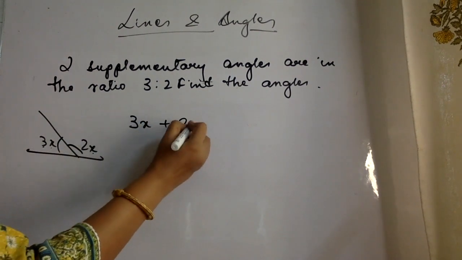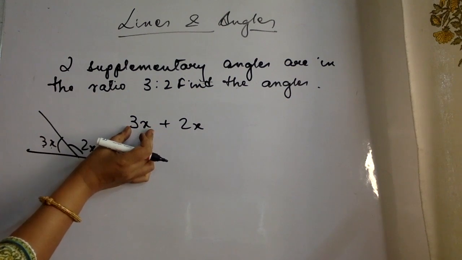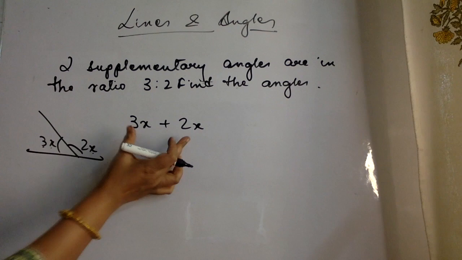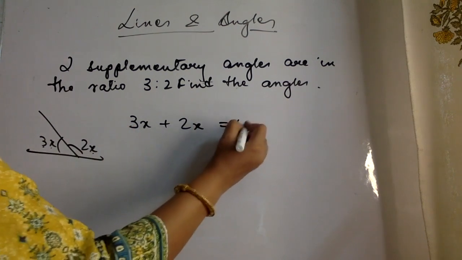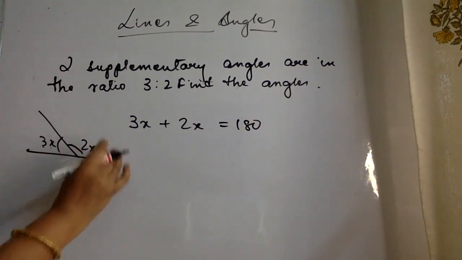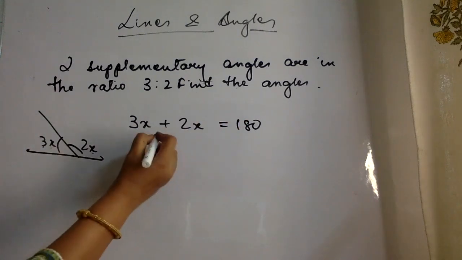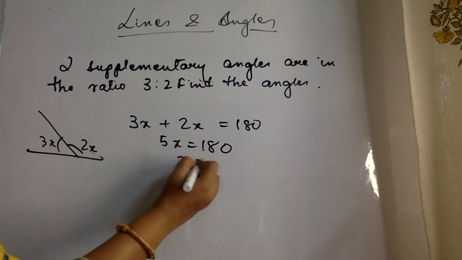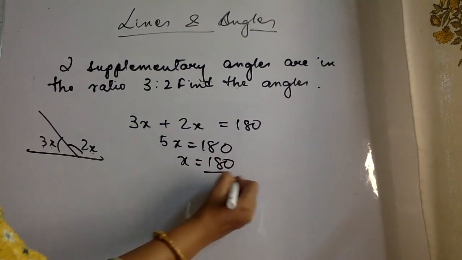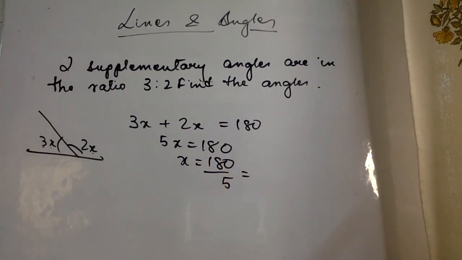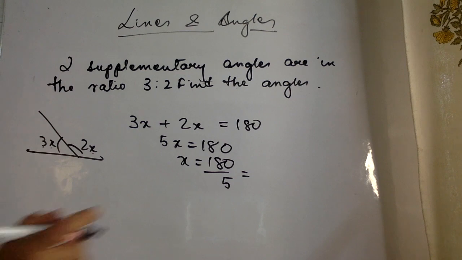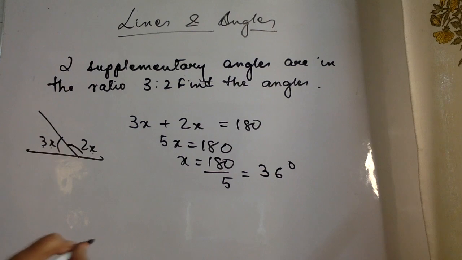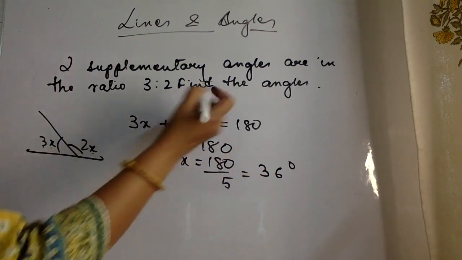3x plus 2x. So I have an angle here on multiplying with the x, I have another angle here on multiplying with an x, but the ratio of them is definitely 3:2. That is equal to 180. You can't write 3 plus 2 is 180. So 5x is 180. x is equal to 180 by 5, which is equal to 36 degrees.